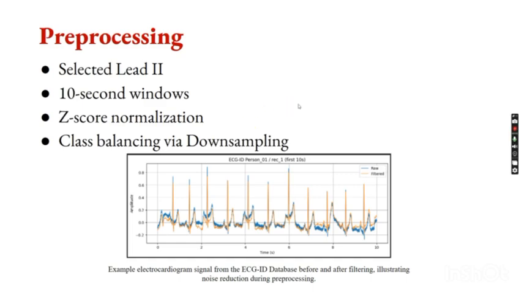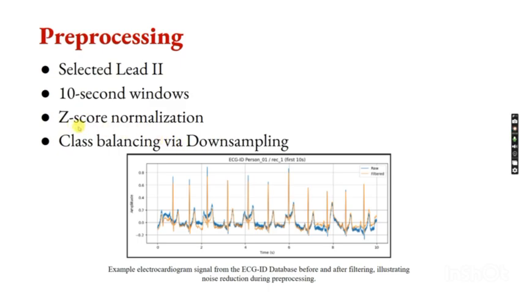During pre-processing, we selected lead 2 because it's commonly used in clinical ECG monitoring. ECG signals were segmented into 10-second windows. Then we applied Z-score normalization to standardize the signals and reduce amplitude variations. Normalization had the objective of improving accuracy and reducing the error percentage.